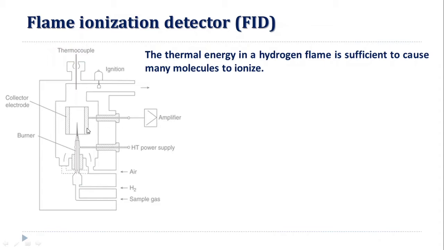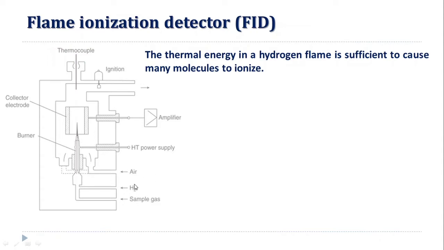The ions produced are collected by these electrodes, which are called collector electrodes, and the resulting ion current is measured after amplification.